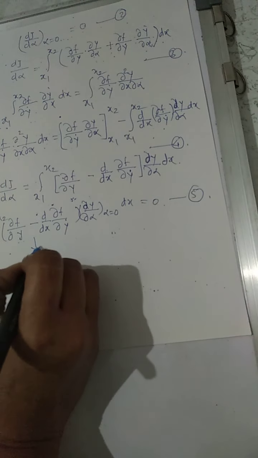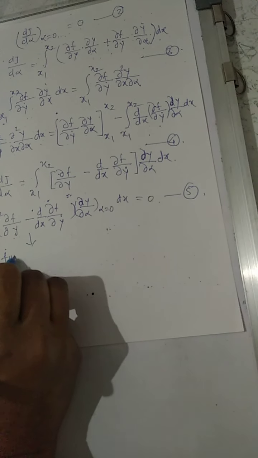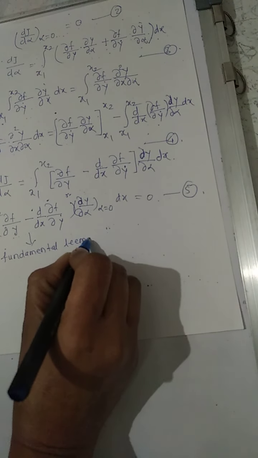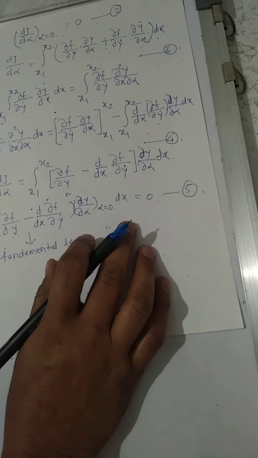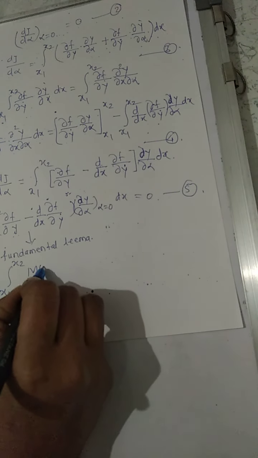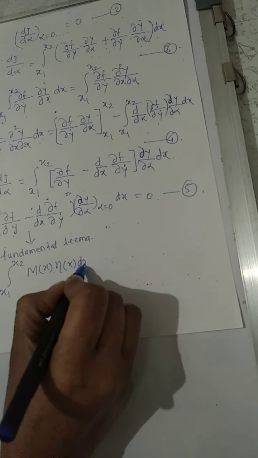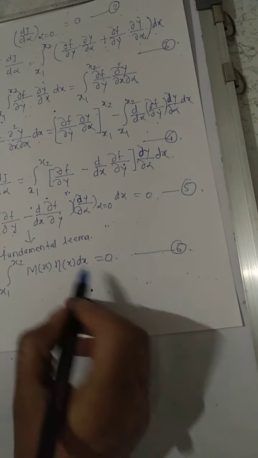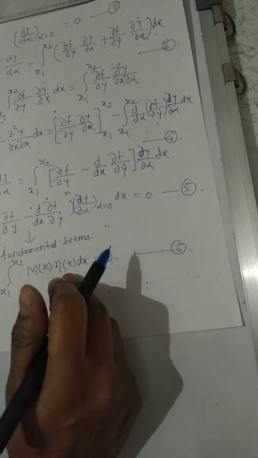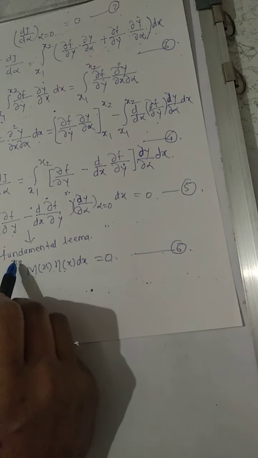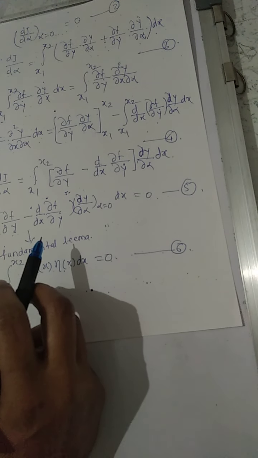The fundamental lemma of the calculus of variations says: if the integral from x1 to x2 of M(x) times η(x) dx equals 0, that is equation 6, for all arbitrary functions η(x) continuous through the second derivative, then M(x) must identically vanish in the interval x1 to x2.